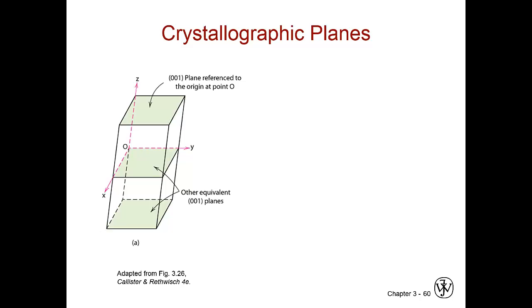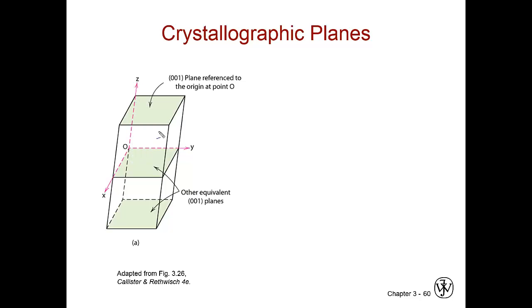If you'll notice, this 001 plane is 001 because it never intersects the x-axis. Now, this one does intersect the x-axis, but along its entire length, so that doesn't mean anything. It's kind of like undefined. But if it's undefined, we can also consider it, from an engineering standpoint, effectively infinity.